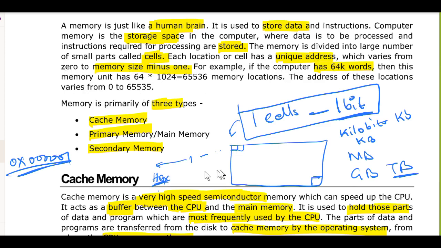So if you have a memory size of 1 kilobyte, 1 kilobyte is about 1024. You're going to be having memory addresses starting from 0 all the way to 1023. For example, if the computer has 64K words, then this memory unit has 64 times 1024. We said 1K is 1024.